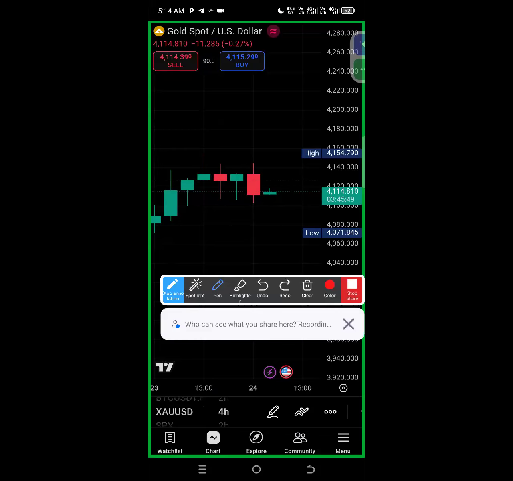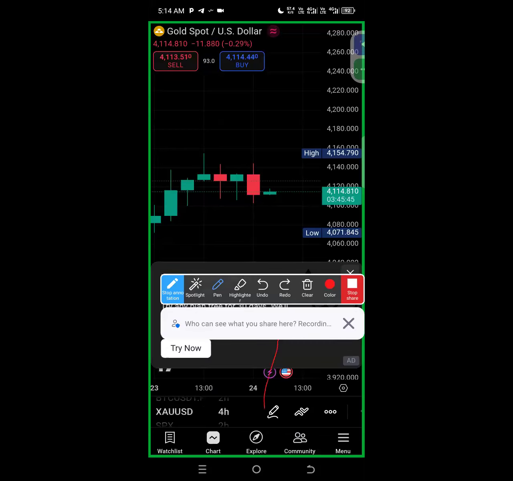This is the 4 hour time frame. Now this candle opened maybe about 15 minutes ago, and this is the reading of the candle. This red candle also represents 4 hours.